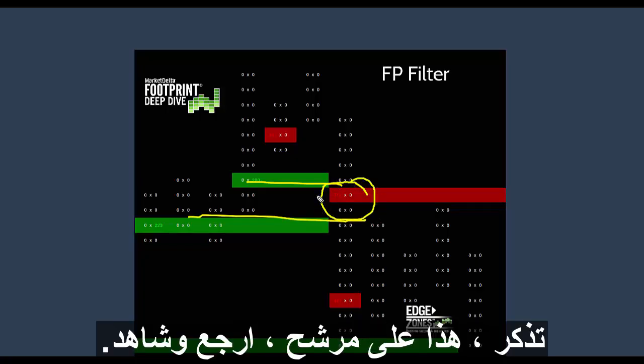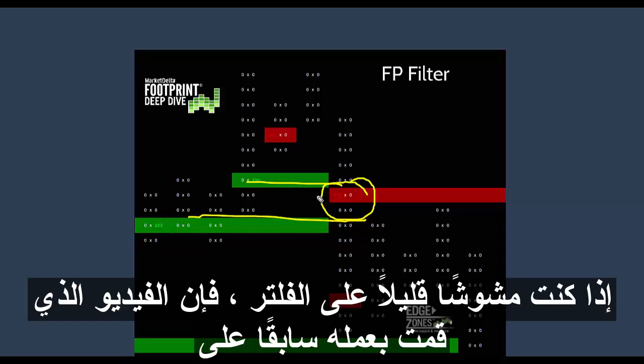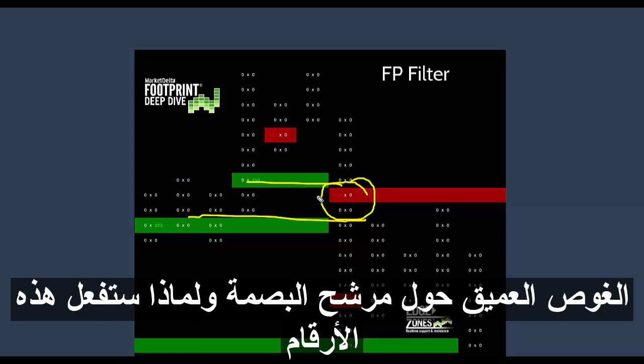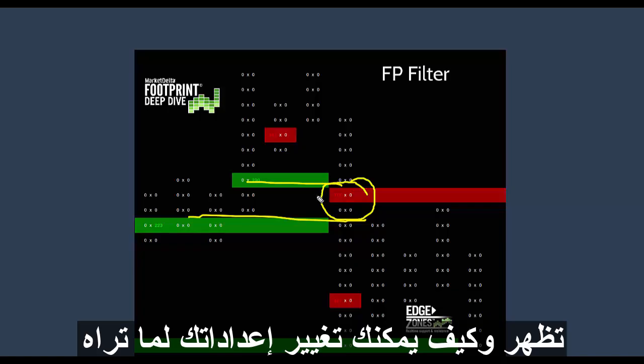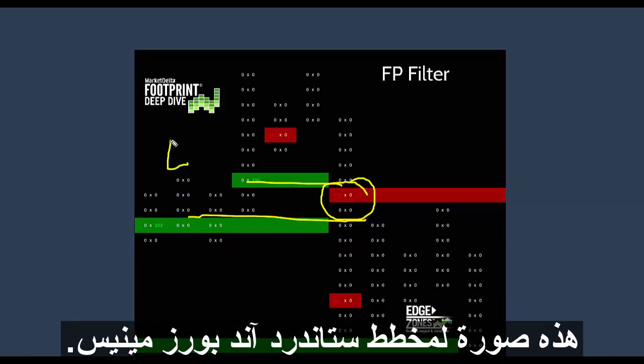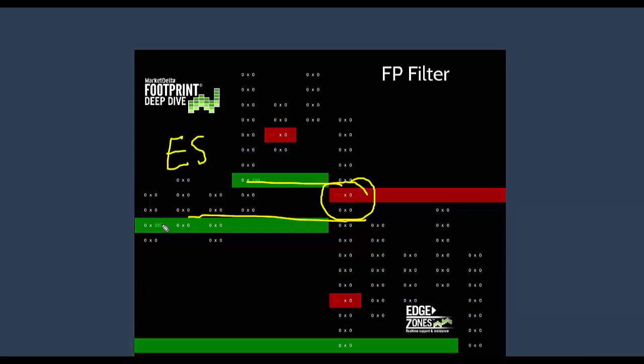Remember, this is on a filter. Go back and watch, if you're a little fuzzy on the filter, the video I did earlier on the deep dive about the footprint filter and why these numbers would appear and how you could change your settings for what you deem to be big size. This is an image of a chart of the S&P minis.